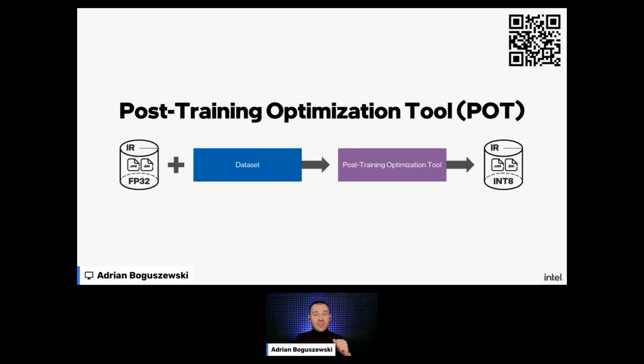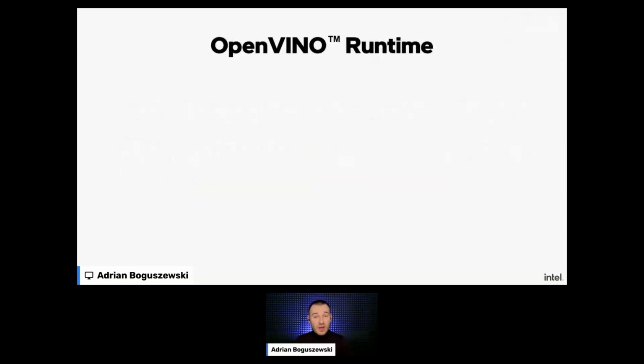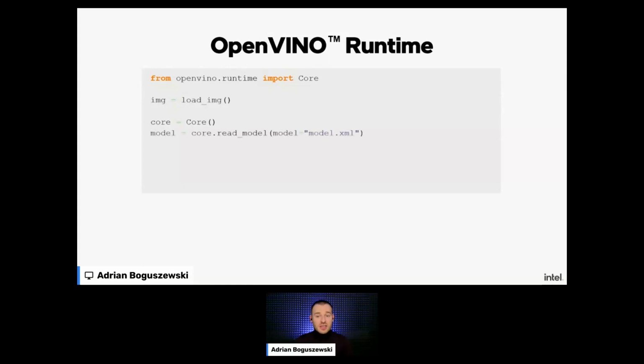So far we installed OpenVINO, we converted and optimized our models, and optionally we quantized that model to int 8, and now it's time for the last step. It's time to run the inference, and in that case you just need 7 lines of code. The first one, import OpenVINO. Next, load your image or text or audio or any data you would like to infer on. Then initialize OpenVINO by creating core object.